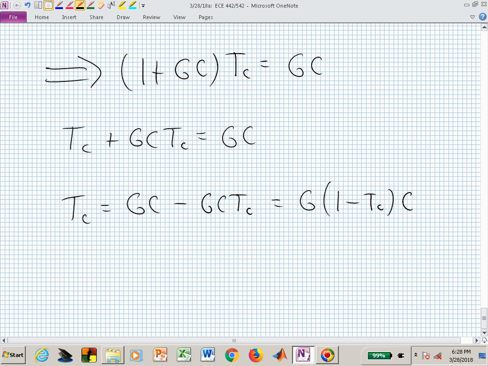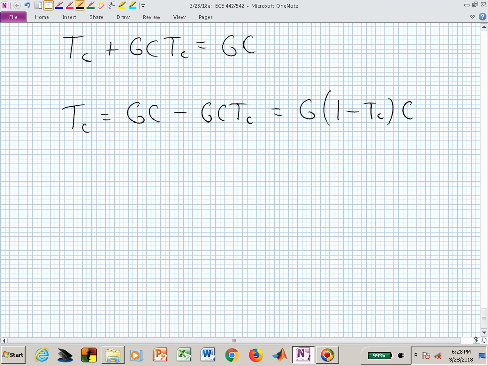That if I multiplied that right-hand side out, I would have G C minus G C T sub C. And since these are scalars, I can commute C and T sub C. That's how that magic occurred. It really wasn't any magic. And do you see now how to solve for C?